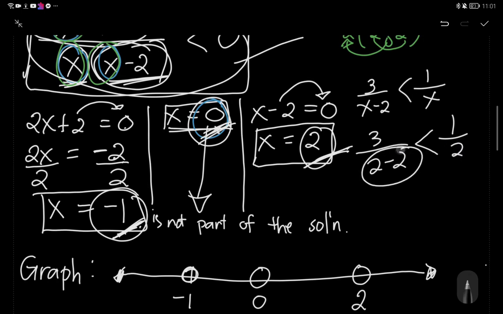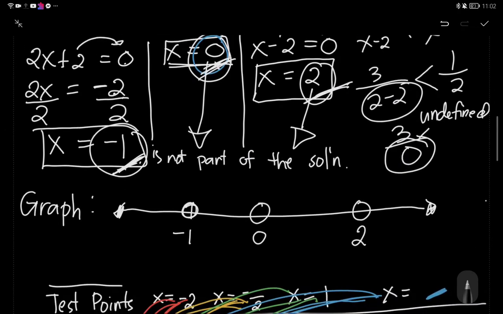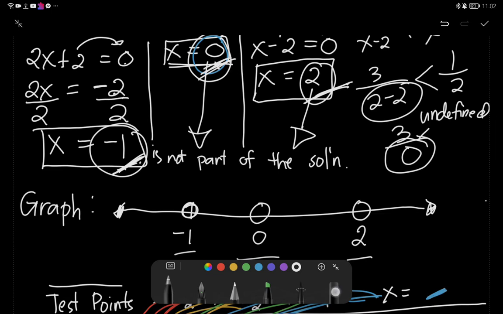Now, 2 minus 2 here becomes 3 over 0, and having a denominator of 0 is called undefined. So, automatically, positive 2 is also not part of the solution. So, negative 1, 0, and 2 are not part of the solution.